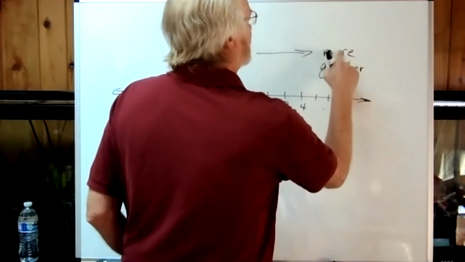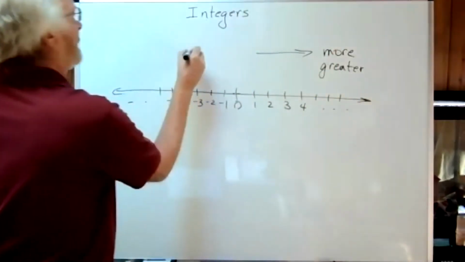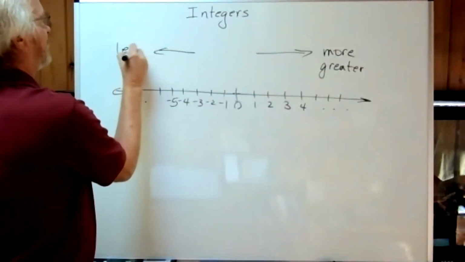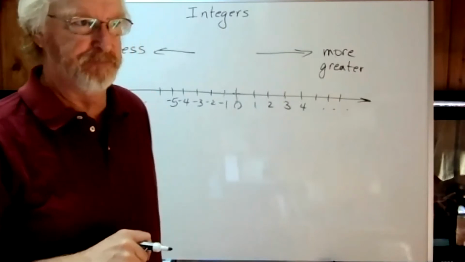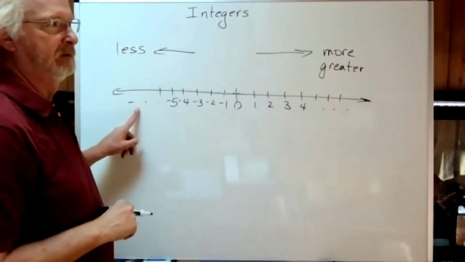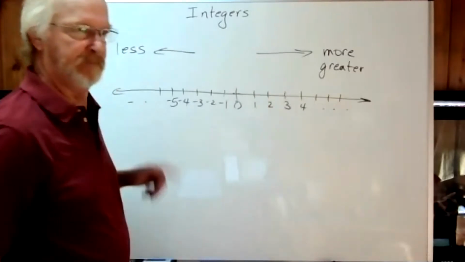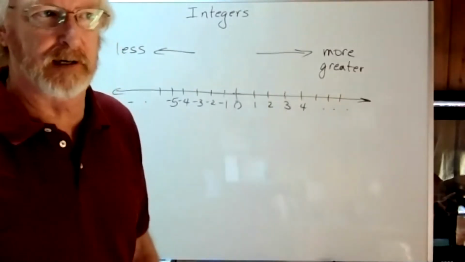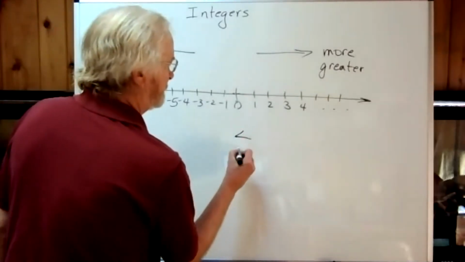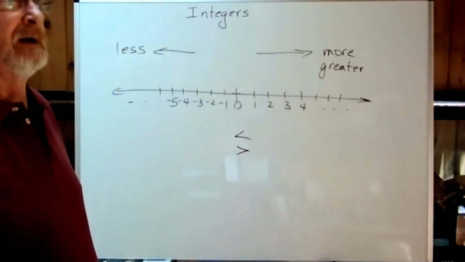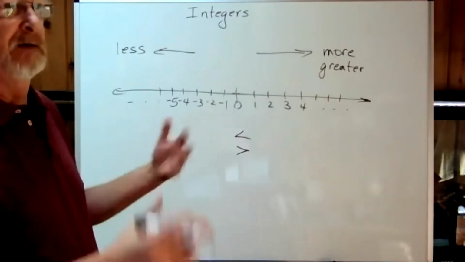It's getting bigger if we're moving to the right, and it's getting smaller if we're moving to the left. So any number over here is less than any number over there. The first few section 1.3 homework problems will ask you to use our inequality symbols just to define that relationship.